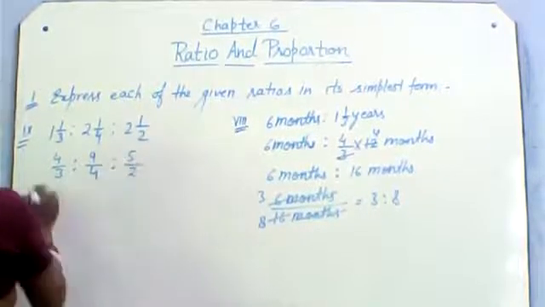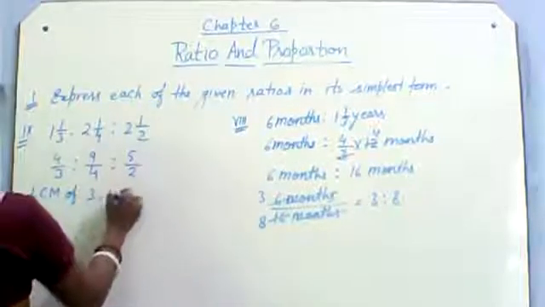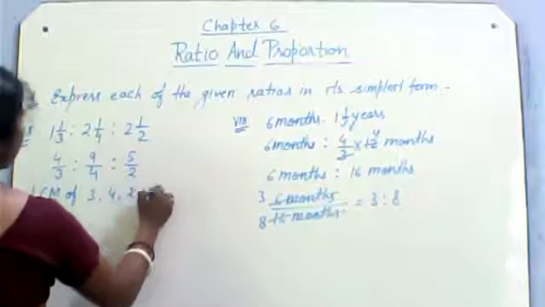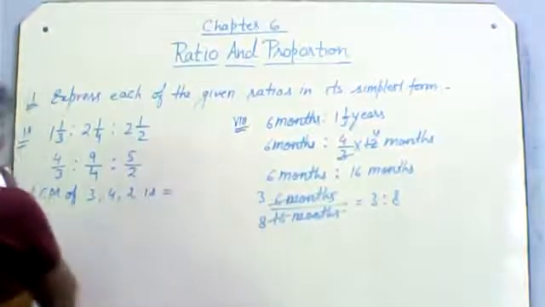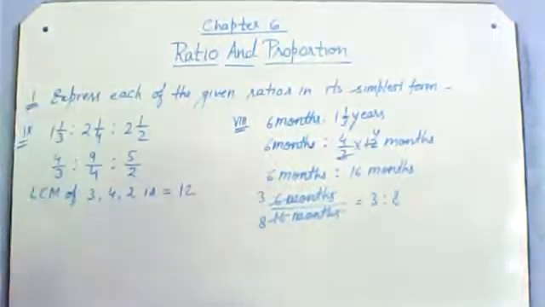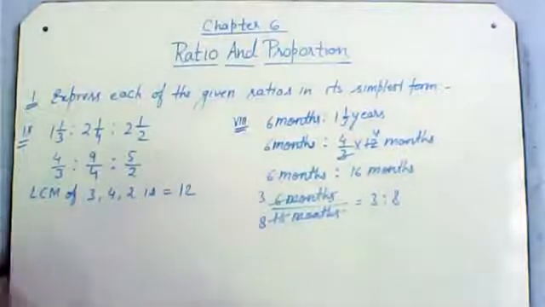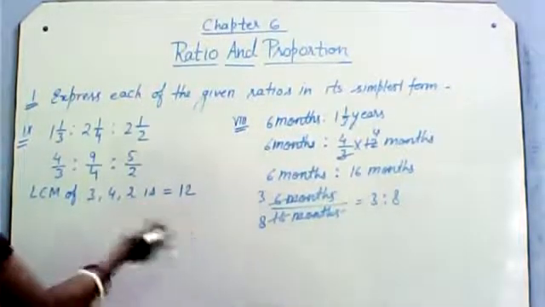Okay. Now the LCM of 3, 4 and 2 is equal to what? It should be 12. Find it out here.